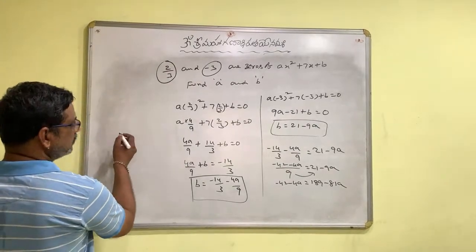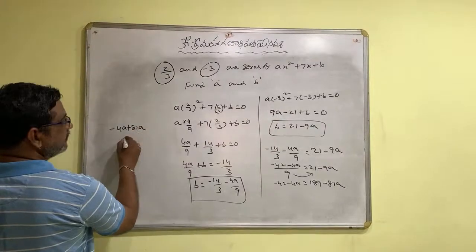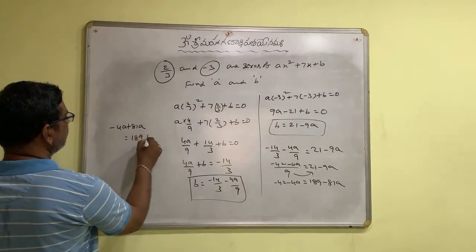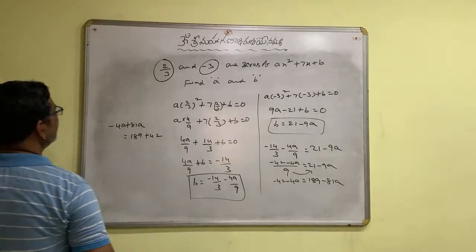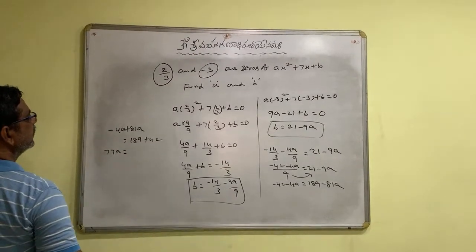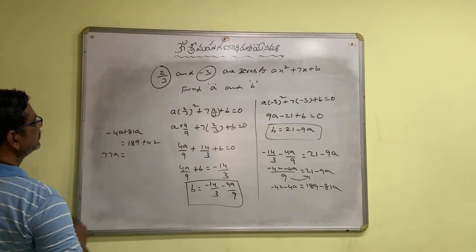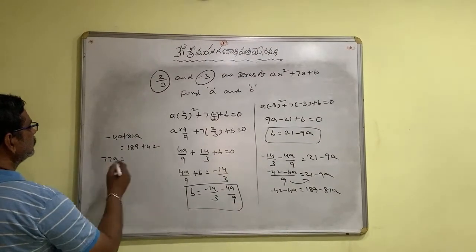So, negative 4a plus 81a is equal to 189 plus 42. So this will be 77a and this will be 231.